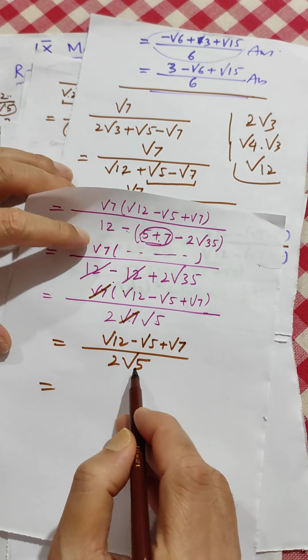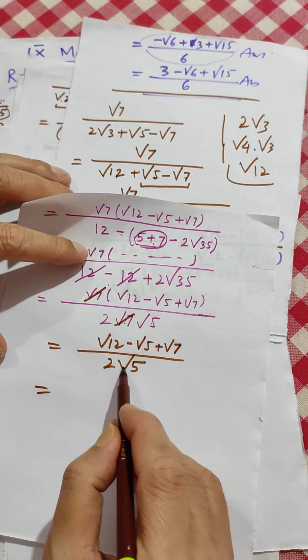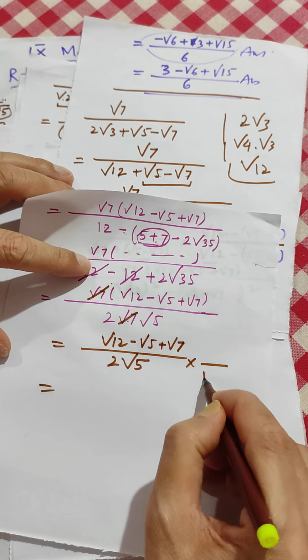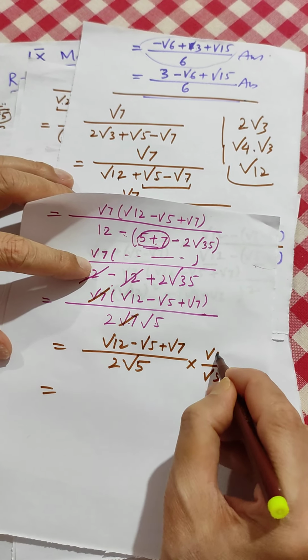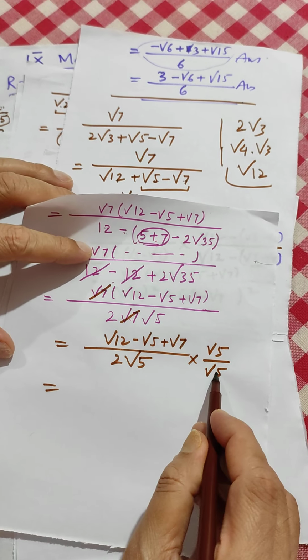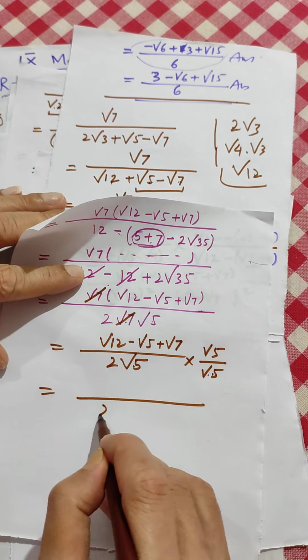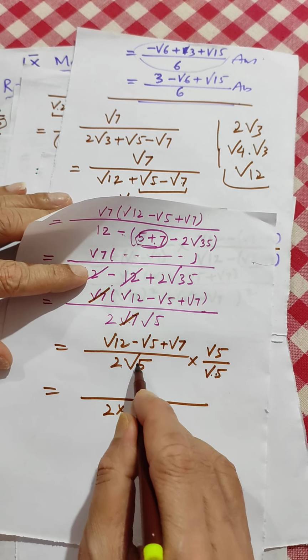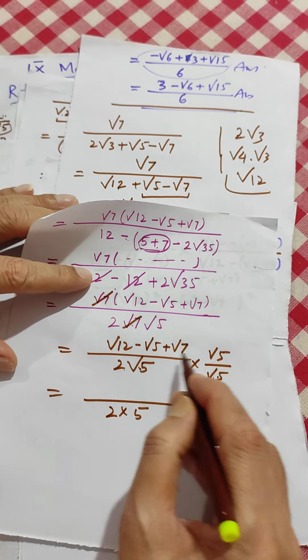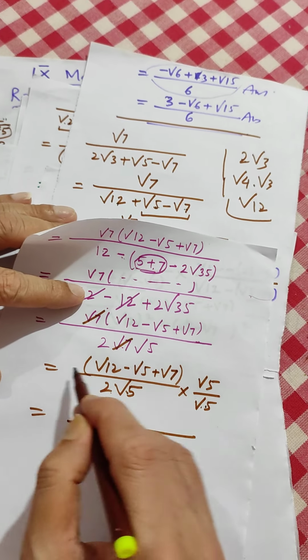Now the denominator is still irrational, so this is root 5, so we have to multiply numerator and denominator by root 5, because root 5 is the rationalizing factor of root 5. Now root 5 into root 5 will be 5, so 2 into root 5 into root 5 is 10, and numerator, this into root 5 we multiply.